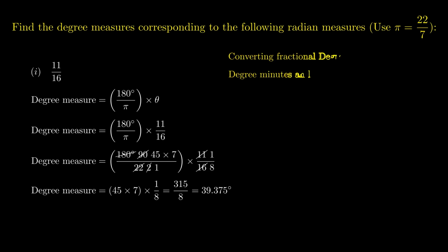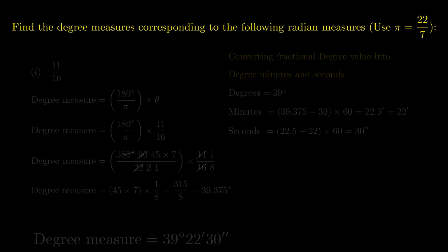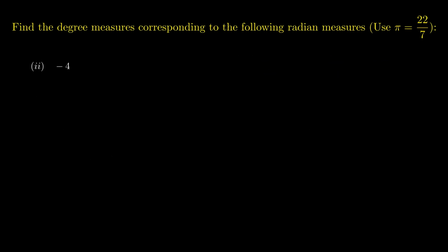Okay, this is a good enough answer, but let's convert this fractional degree into degree, minutes and seconds format. So for minutes, I'll take the fractional part of it and multiply it by 60. And I'll take the integer part of the minutes that we got, which is 22. And for the seconds part, I'll again take the fractional part and multiply it by 60, which gives 30 seconds.